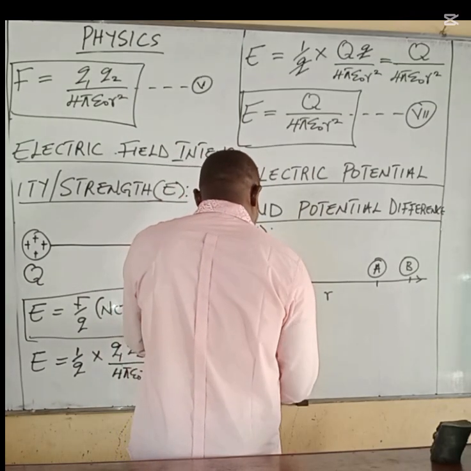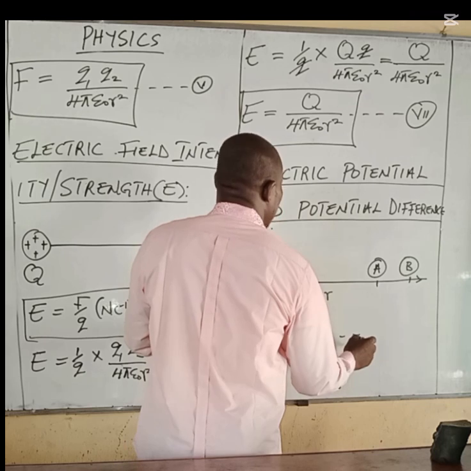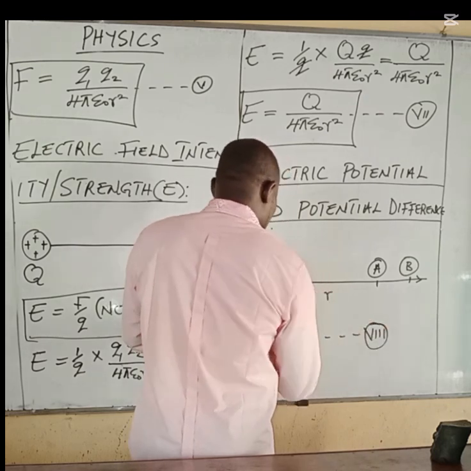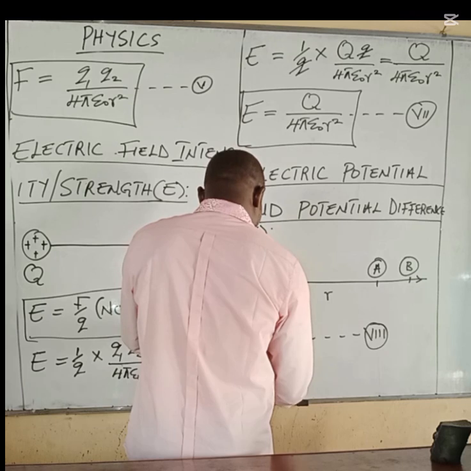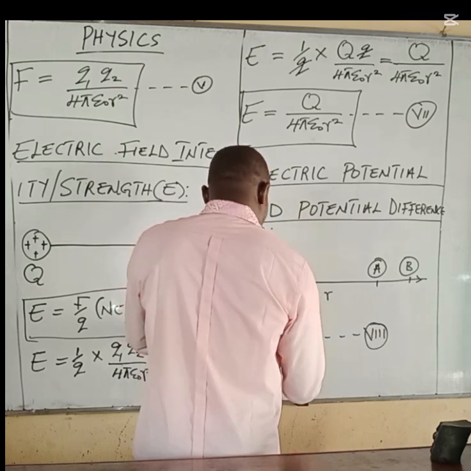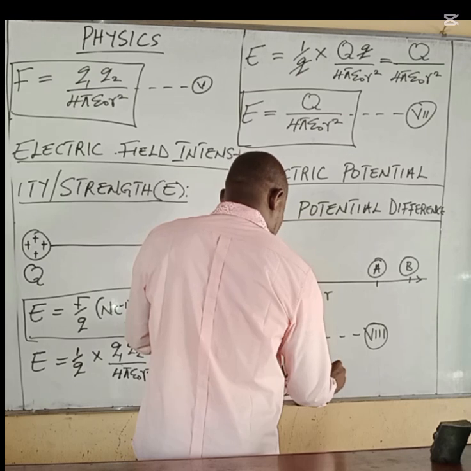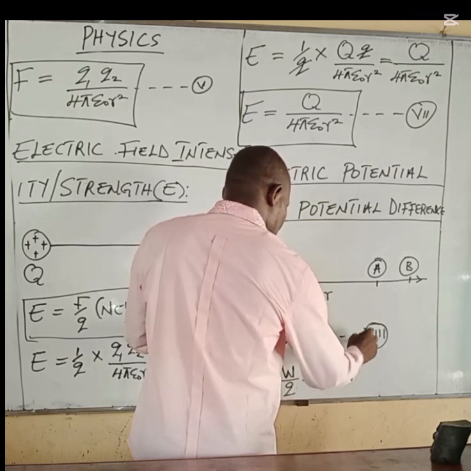We can call this equation 8. If we make electric potential subject of formula, we are going to have that V is equal to work done over charge.